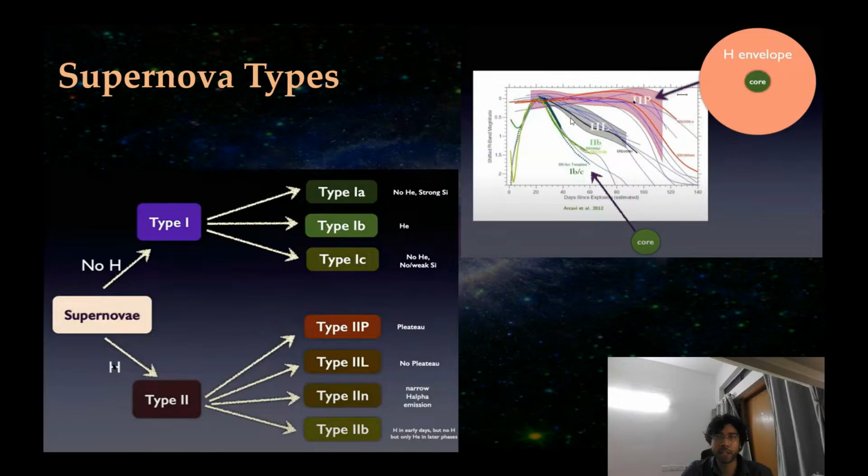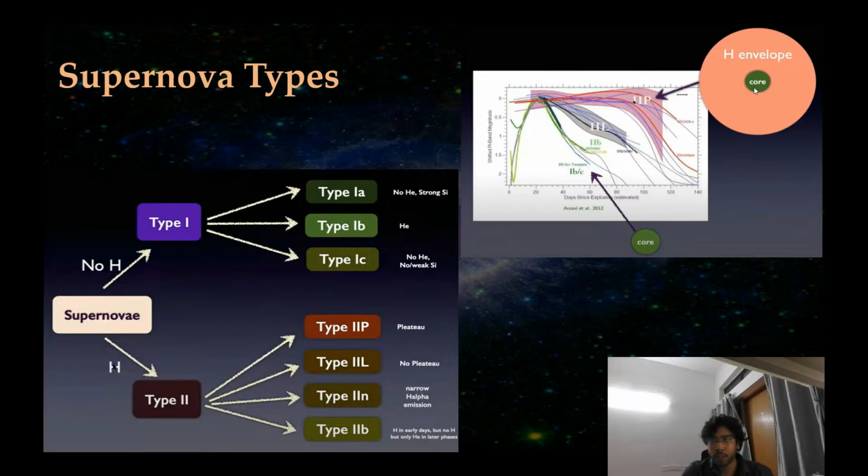For example, why does type 2 have these broad lines, and why do they have hydrogen, why do type 1 not have hydrogen, and why do they have this light curve showing extended emission, whereas in type 1 the light curve falls very quickly. The reason has to do with the different structure of the progenitor stars that go into supernova.